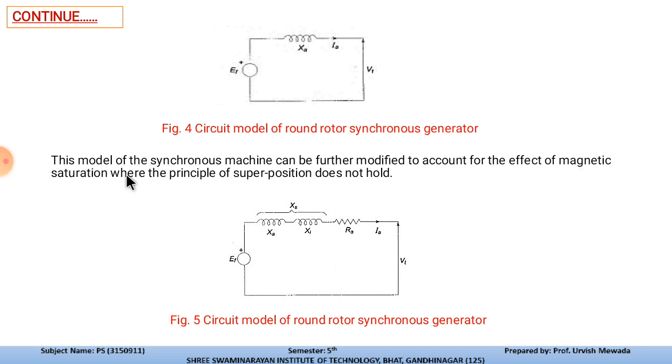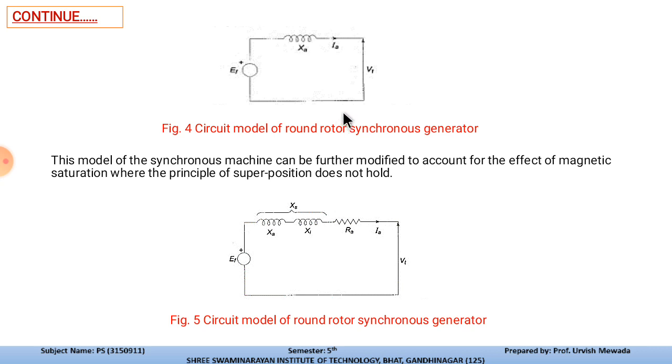Why does magnetic saturation occur? Because we are using the field winding, and that field winding is wound on the former, and that former behaves like an electromagnet. Whenever we give a sufficient amount of current to that field winding, then according to the flux density capability of that material, saturation will occur in the core material.